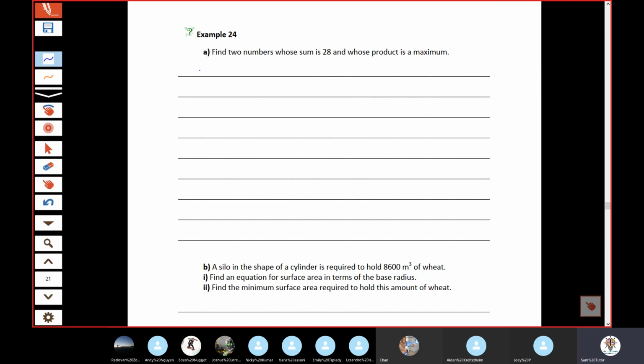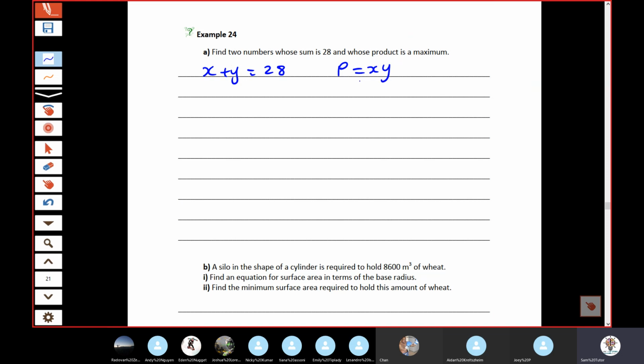So x plus y equals 28, and you want the product to be a maximum, so you want to find P, the product, which is equal to x times y. There you go. I've got my two equations.